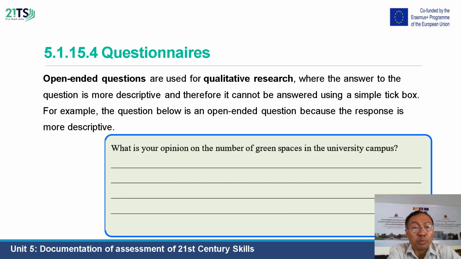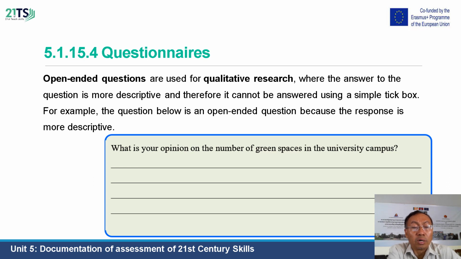And another example of a questionnaire related to an open-ended question. Open-ended questions are used for qualitative research where the answer to the question is more descriptive and therefore it cannot be answered using a simple tick box. For example, the question below is an open-ended question because the response is more descriptive.